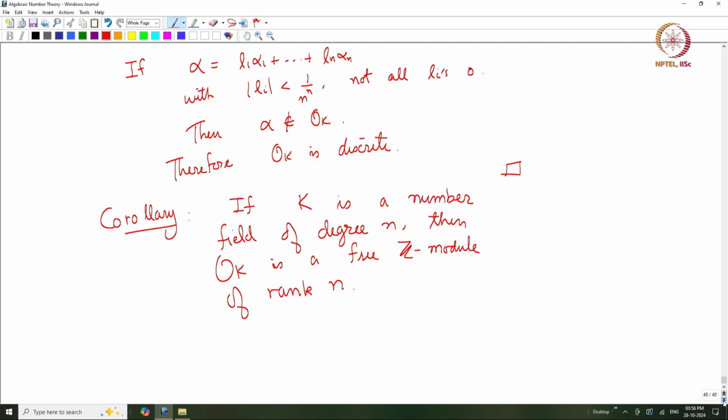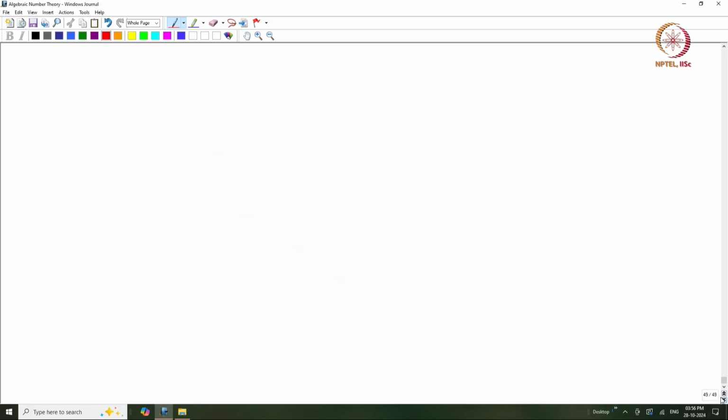So, our standard notion of lattice is Zn contained in Rn or Z squared contained in R squared, right. But there can be different forms of lattices.